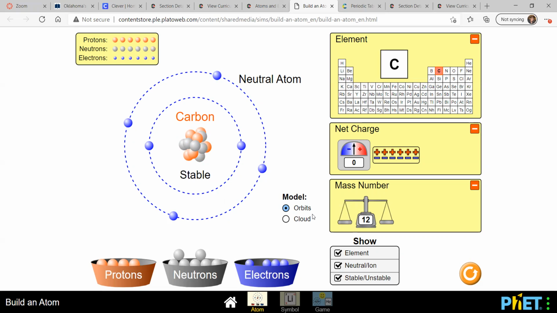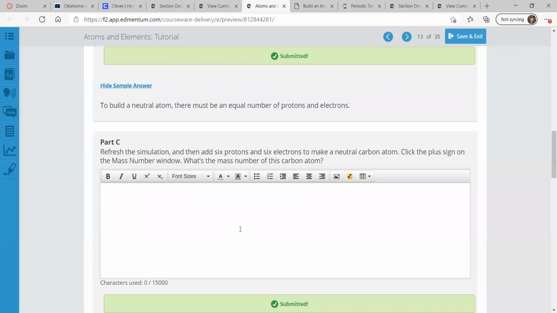The mass number is now 12 because 6 protons plus 6 neutrons equal 12. And we have a net charge of 0 still. All right, so that's how we stabilize an atom and have a neutral charge.